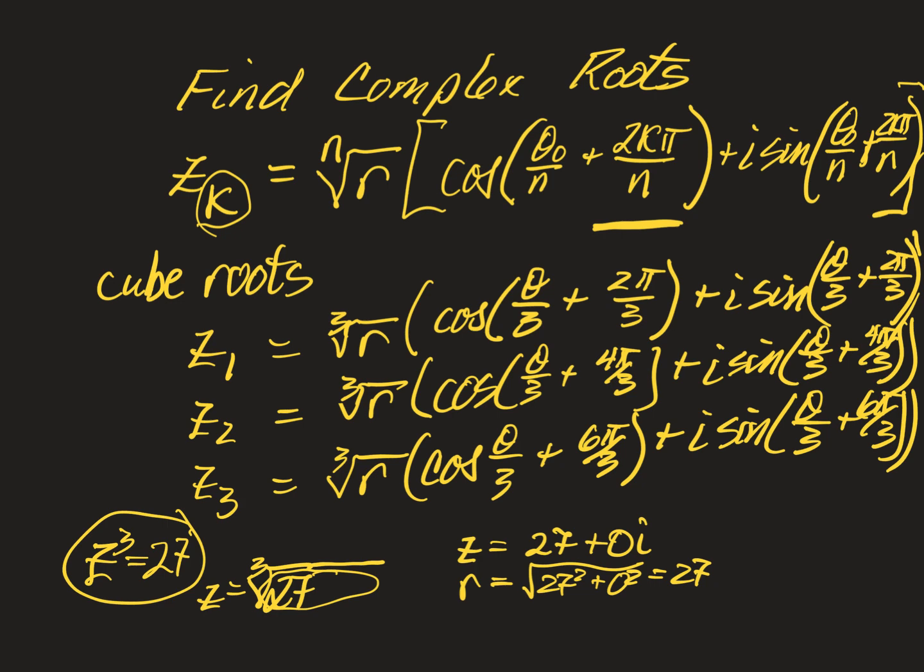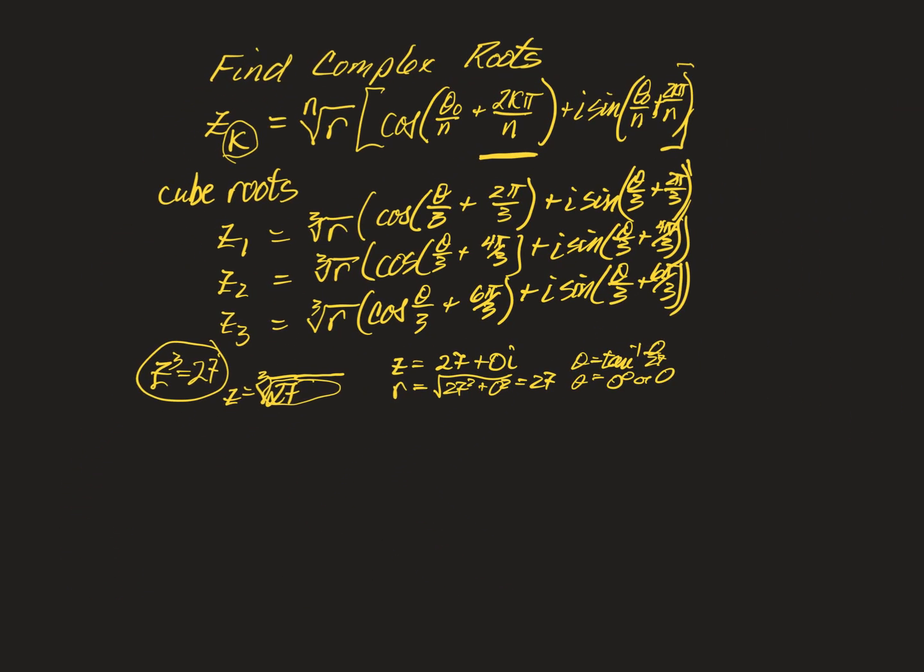And then theta is equal to the inverse tangent of 0 over 27, or just the inverse tangent of 0, and that means theta is equal to 0 degrees, or 0 radians, whichever one. I'll do radians.